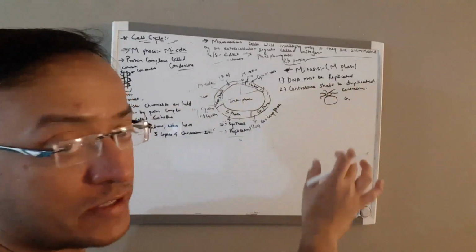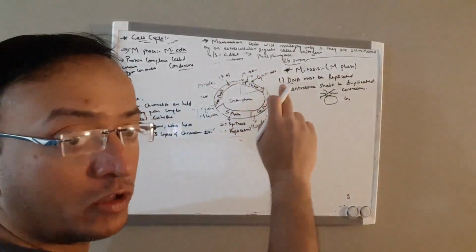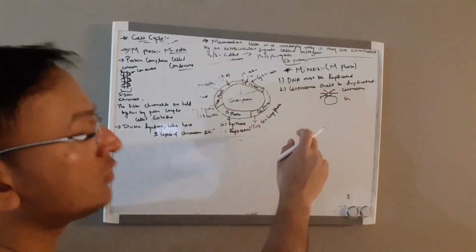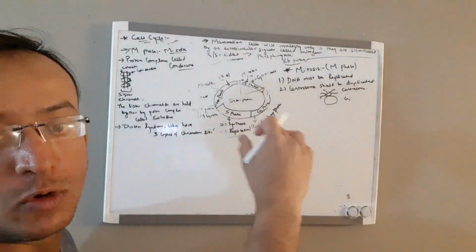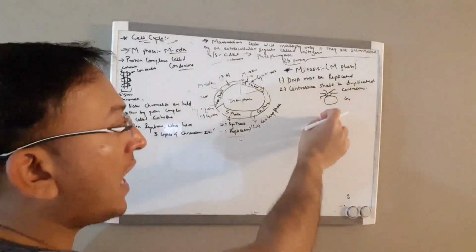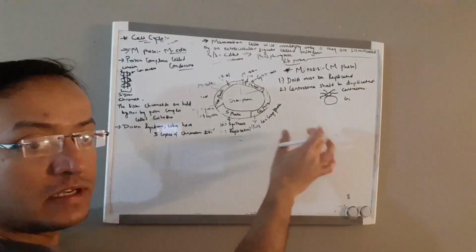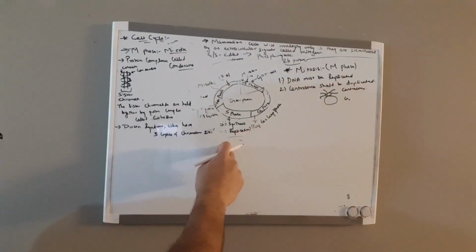So what the centrosome does before proceeding to the M phase: the centrosome duplication starts at the same time as the DNA replication starts, in the G1 and then the S phase, right?